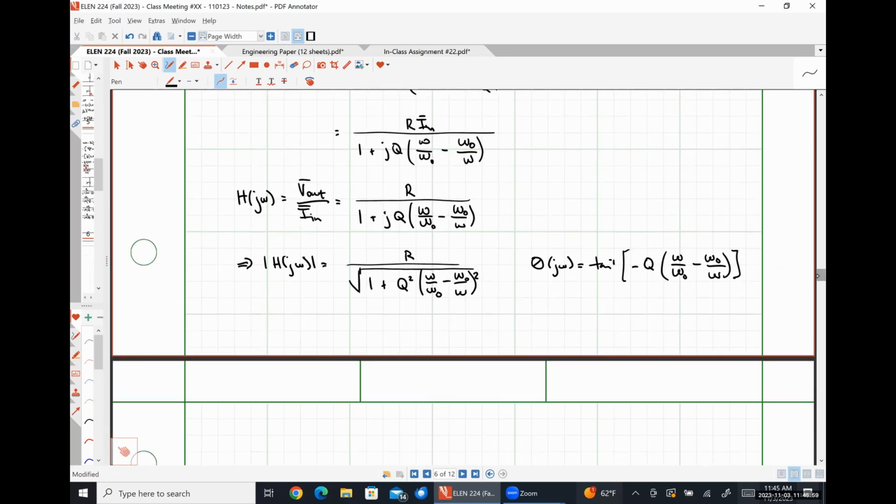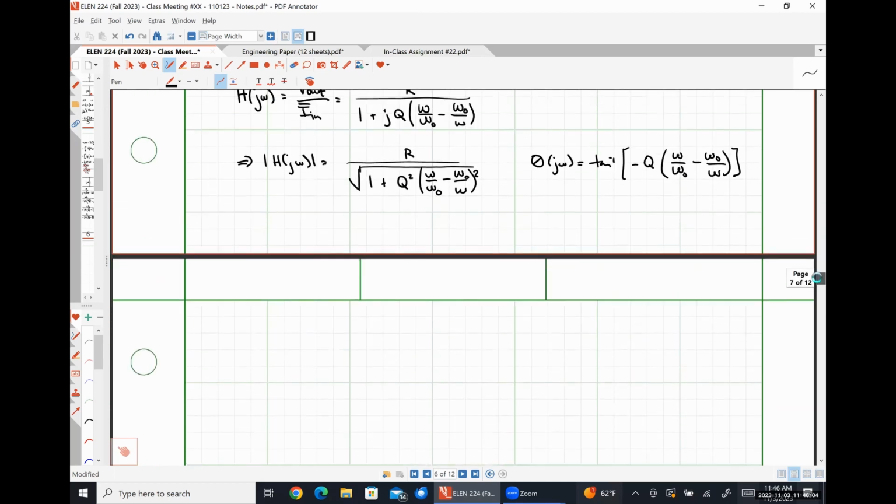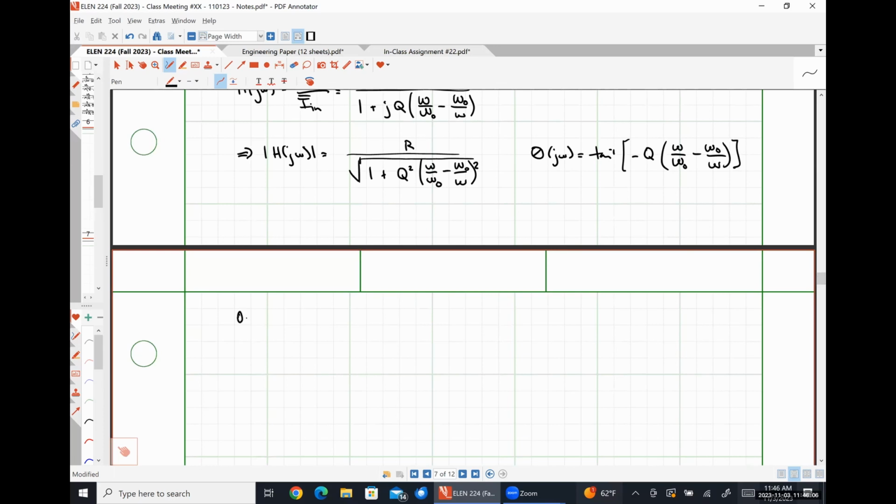So let me write that out. Our half power frequencies will occur when the magnitude of H of j omega is equal to R divided by the square root of 2.